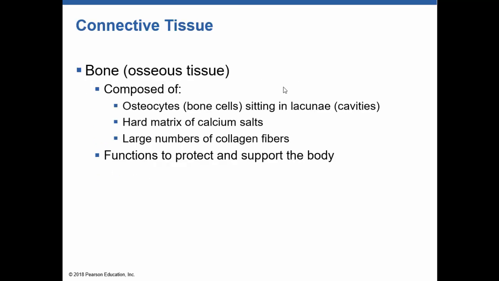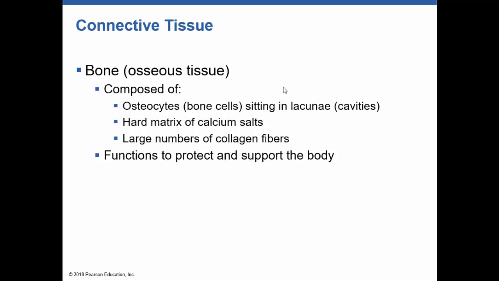So bone or osseous tissue, now I'm not going to ask you to go into great detail with this, just mostly know the most rigid to the softest, or in this case blood's basically liquid in terms of connective tissue. But bones are composed of something called osteocytes. I like looking at these cells. They're bone cells, and inside they have something called lacunae, these like cavities.